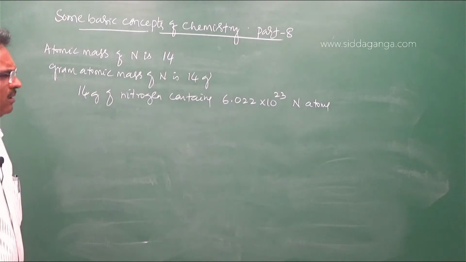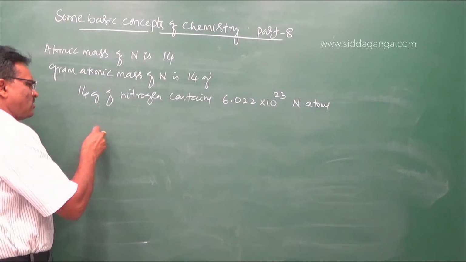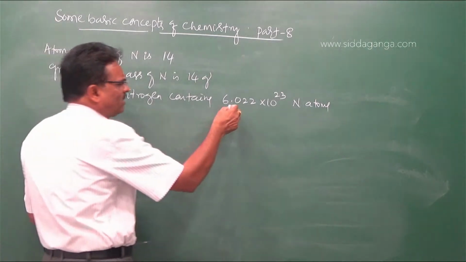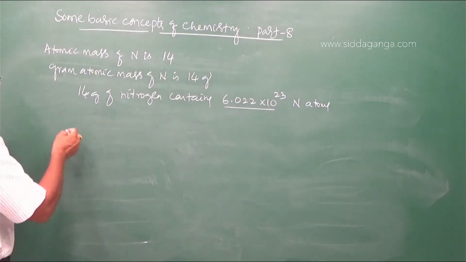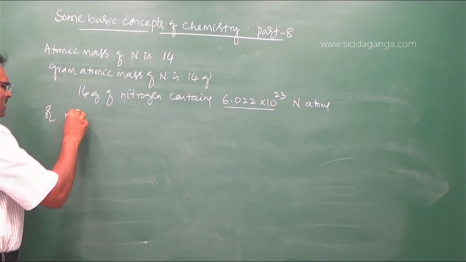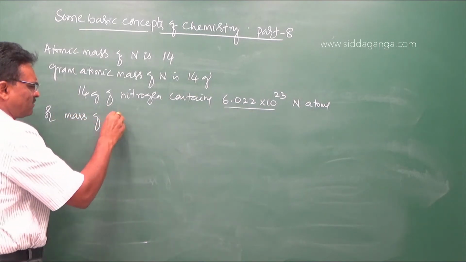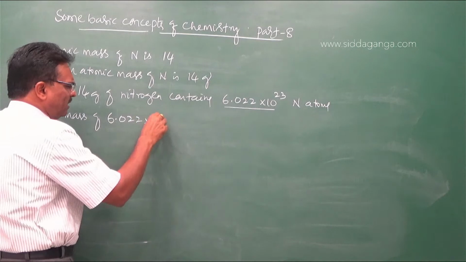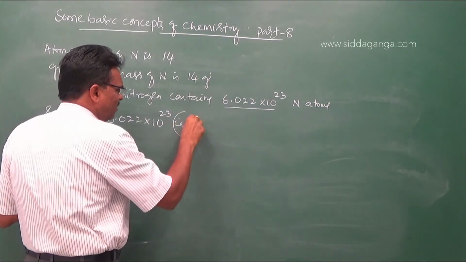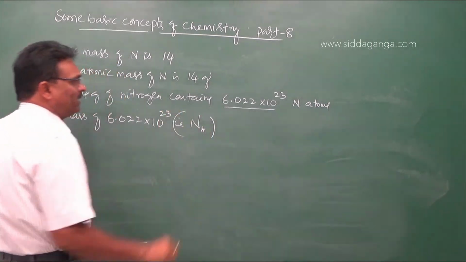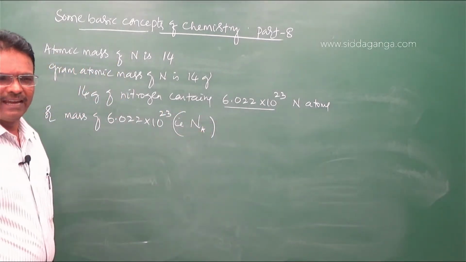Clear? So what is the mass of Avogadro number of atoms? It is equal to the atomic mass, or the mass of 6.022 into 10 power 23 atoms. That is the Avogadro number, denoted by Na.